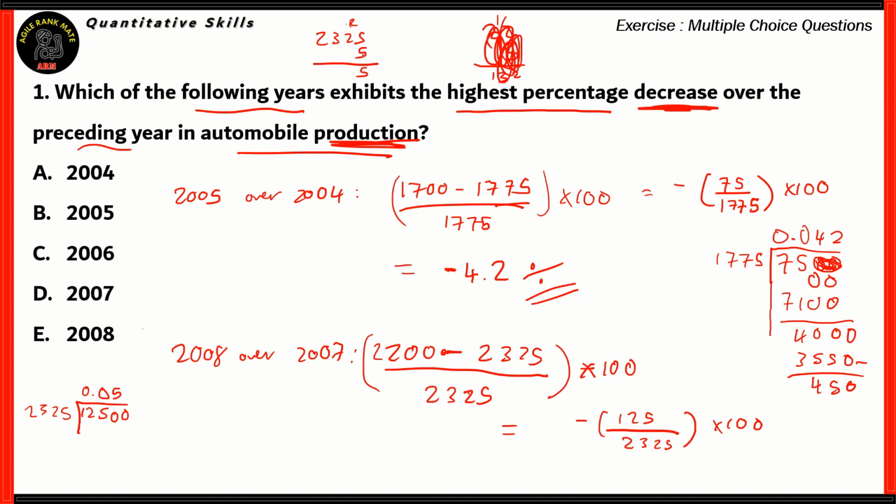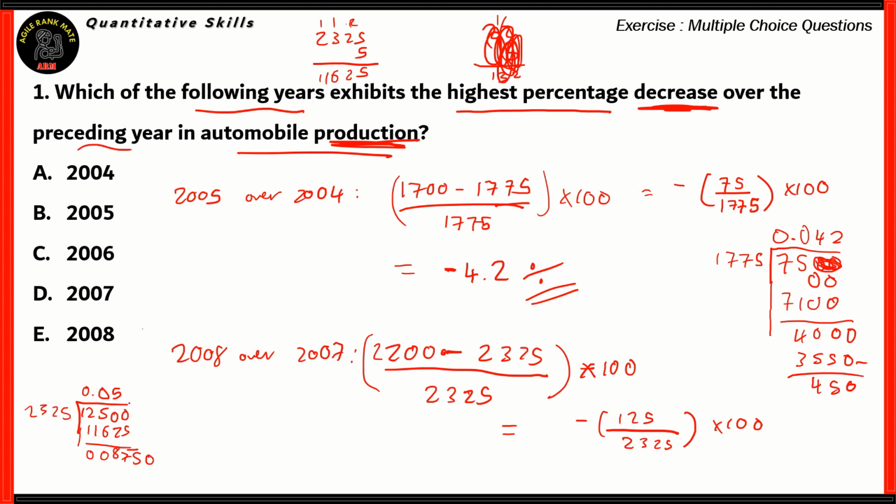And then 2 times 5 is 10, plus 2 gives you 12. 3 times 5 is 15, gives you 16. 2 times 5 is 10. 10 plus 1 gives you 11. So 11,625 is the closest multiple that we have. So when you subtract it, you would get 875.